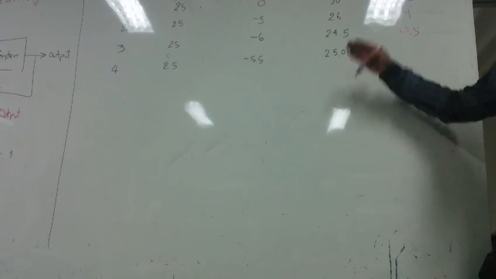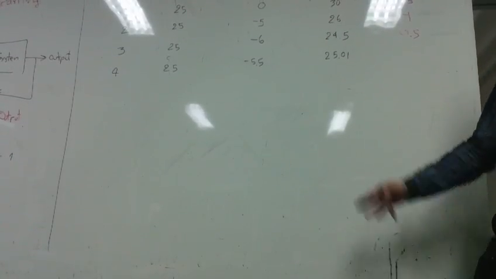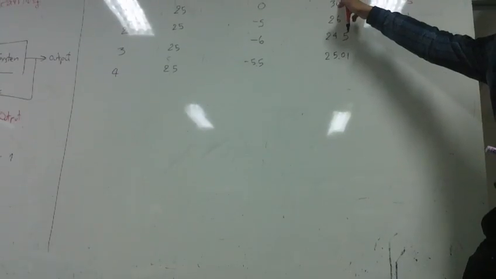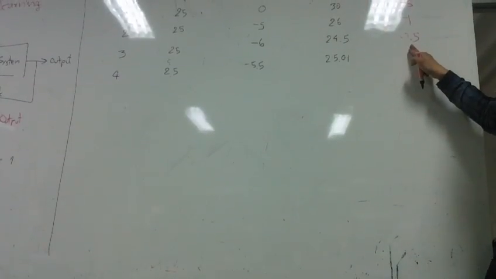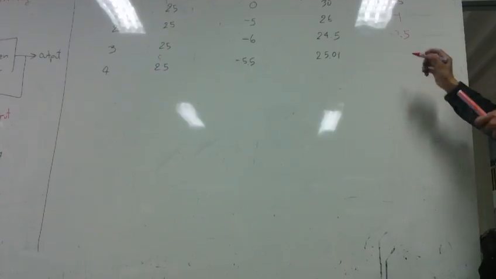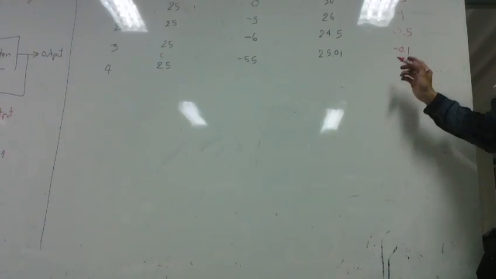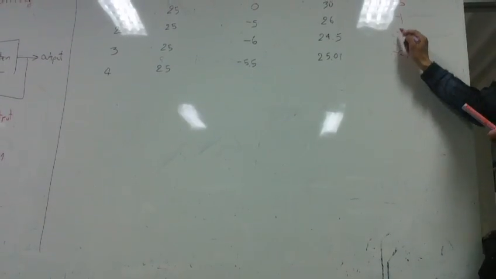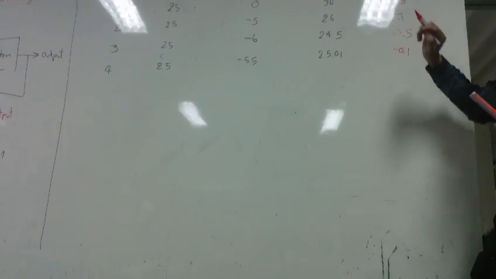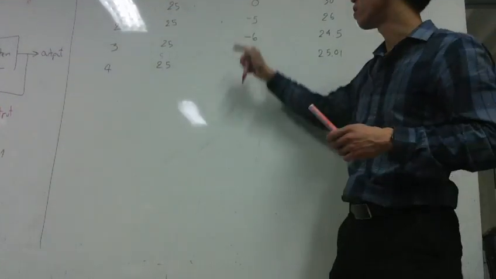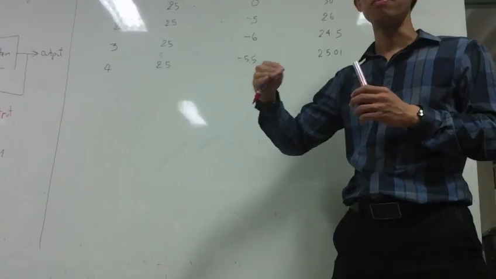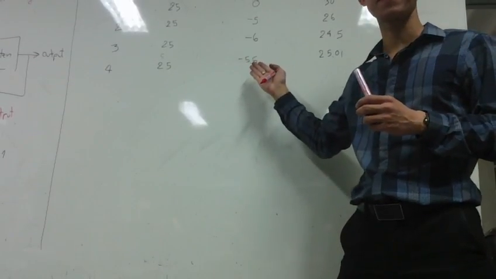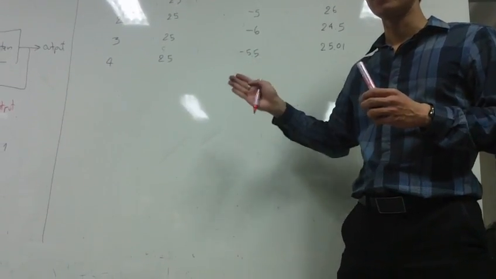It will keep changing depending on the output and the error. Because right now you have -0.01 error. Be careful with the sign. The sign tells you whether this controller has to go up or go down based on its previous value. That's how it works.